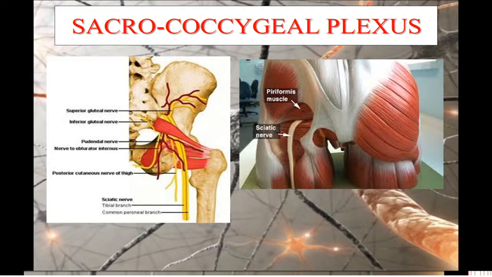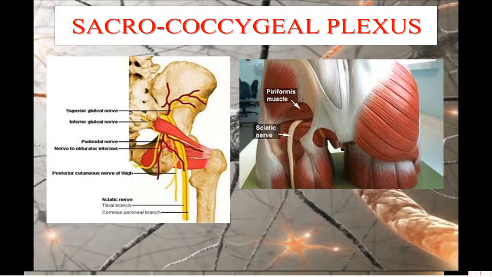Then sciatic nerve gets to the popliteal fossa and here divides into branches. These branches are tibial nerve and common peroneal nerve, nervus peroneus communis.